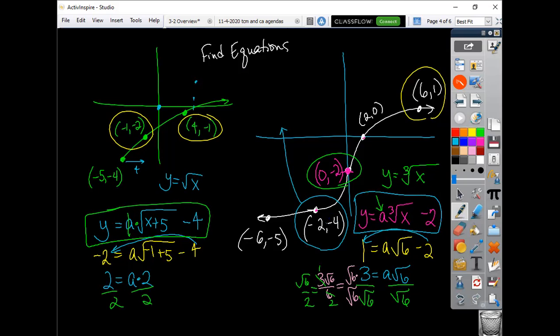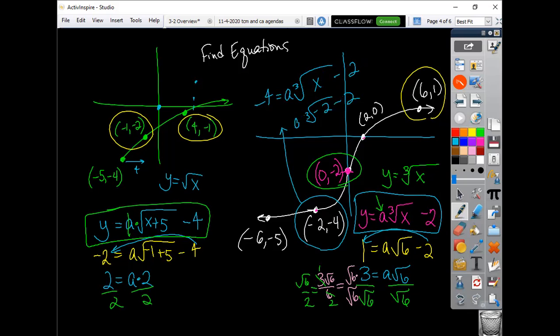So my y was -4. My stretch factor, we're trying to check again here. A cube root of x and then a -2 out here. So I'm putting the -2 under here for x.